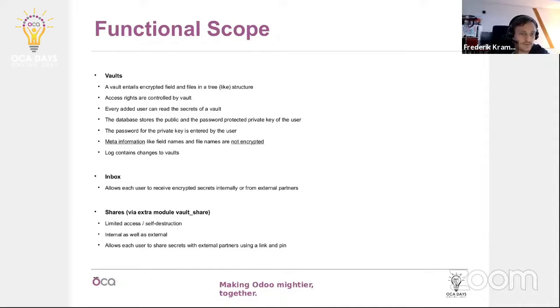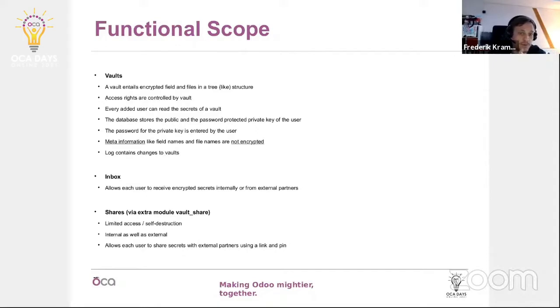The database stores the public and the password protected private key of the user. For the technical specificities, we have a link at the end of the presentation, but I think that Florian could far better explain to you how the technical security concept works after the presentation.